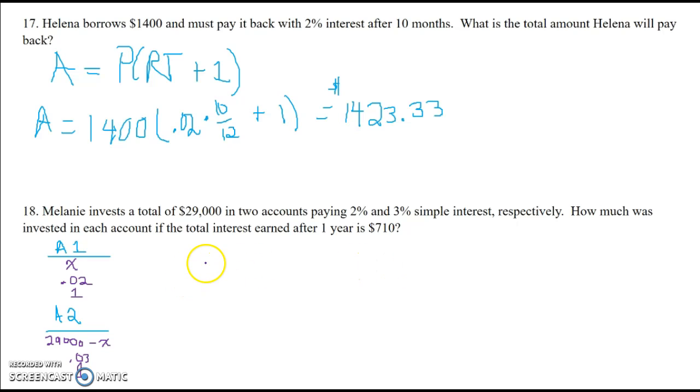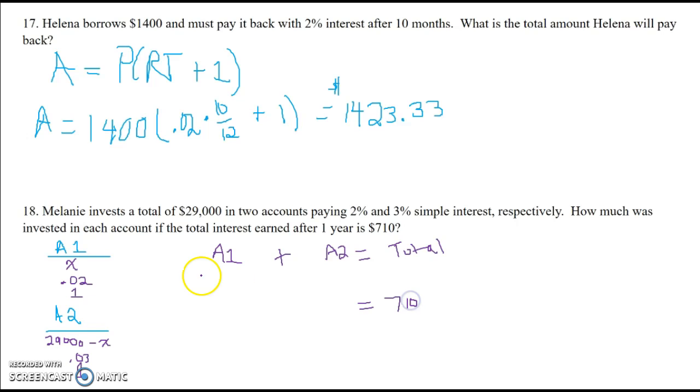So I also know that if I take the interest in account 1 and add that to the interest in account 2, I'm going to get the total interest, which I know to be $710.